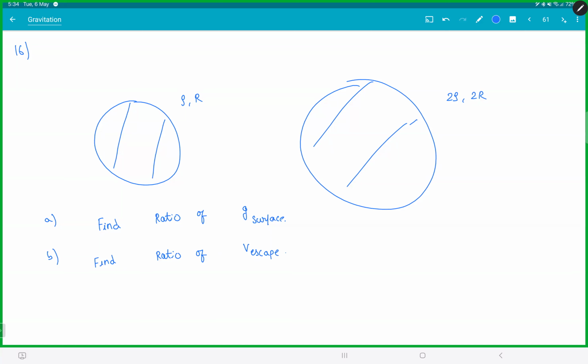So we have two planets of density rho and radius r. And the second planet's density is double, radius is also double. So on these two planets, find the ratio of gravity, that's small g, and find the ratio of escape velocity. Get it?